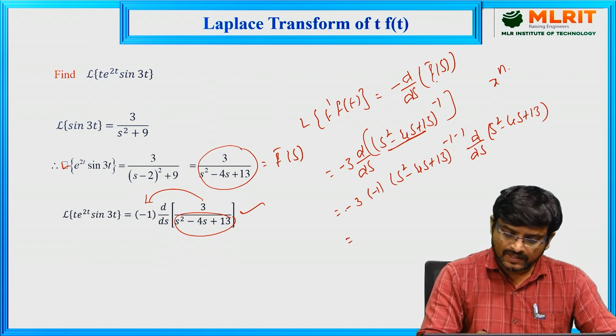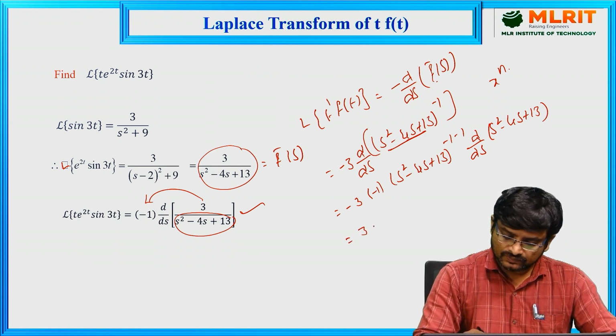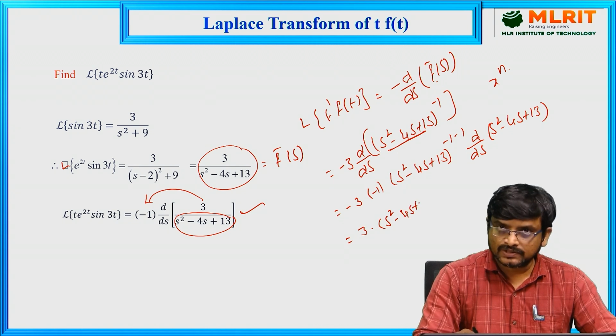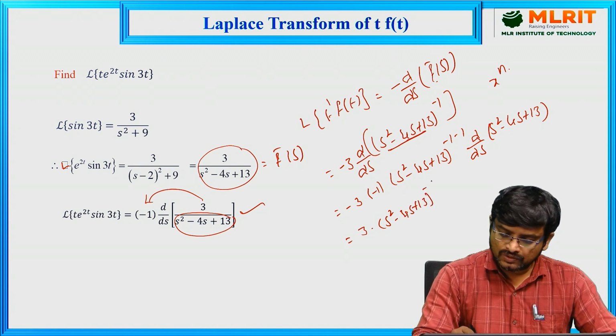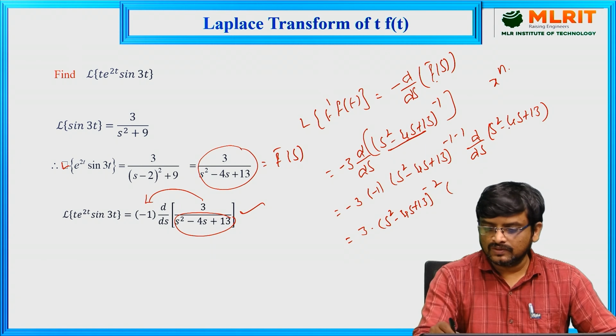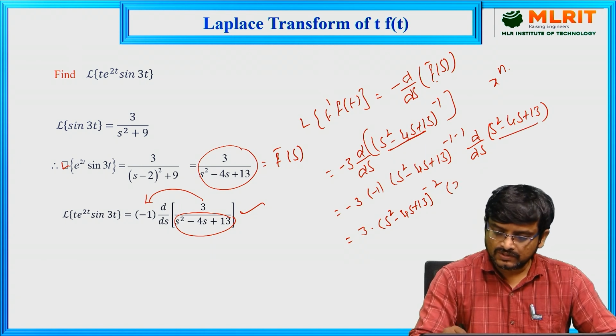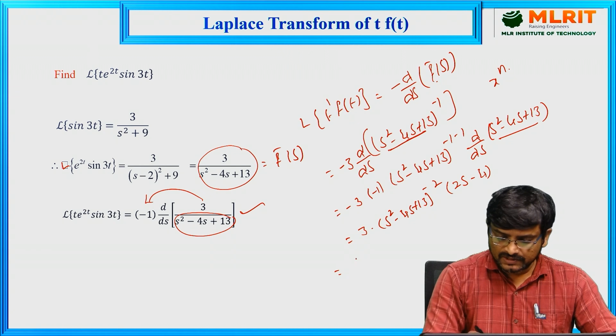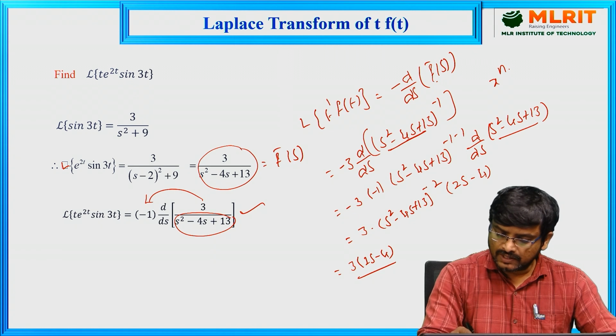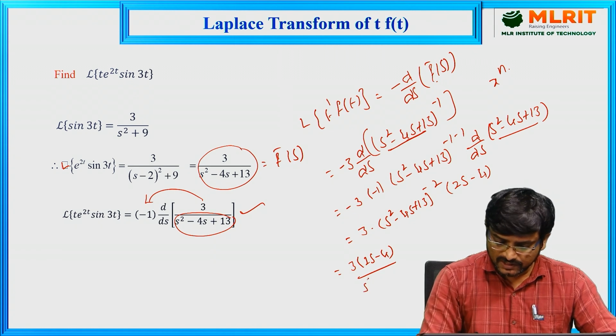So you will get minus of minus, plus 3 into s square minus 4s plus 13 whole to the power of minus 2 into, now find the derivative of this, you get 2s minus 4. So finally you get 3 of 2s minus 4, by bringing this negative power to the denominator, s square minus 4s plus 13 whole square.